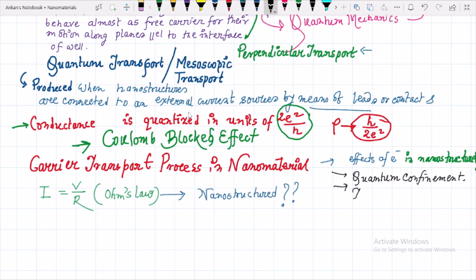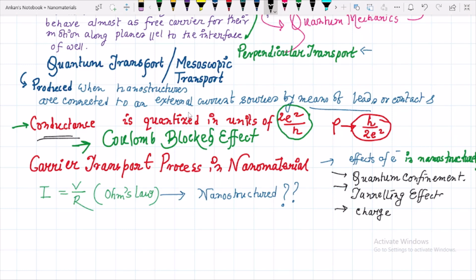The second one is, as I told you before, the tunneling effect. You know very well from quantum mechanics. The third one is charge discreteness. Charge discreteness or charge quantization is also true in the case of a macroscopic body, but here the quantization of conductance also gets involved.